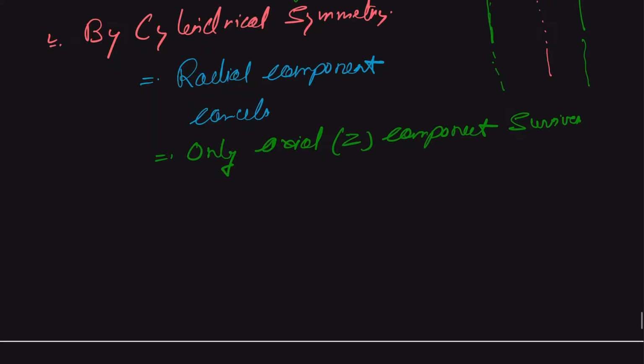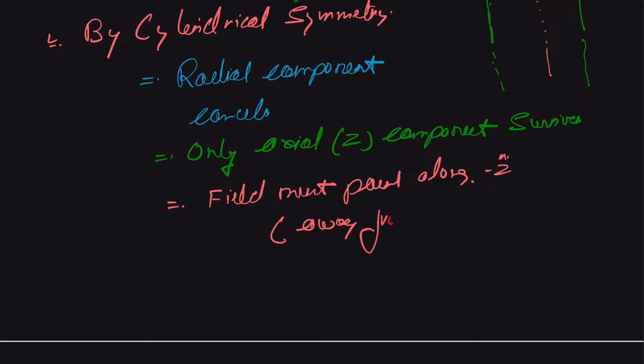And finally, the direction of electric field. So we can say the field must point along the Z unit vector, okay, because it is a positively charged cylinder. Okay, so you can say away from the positively charged cylinder.